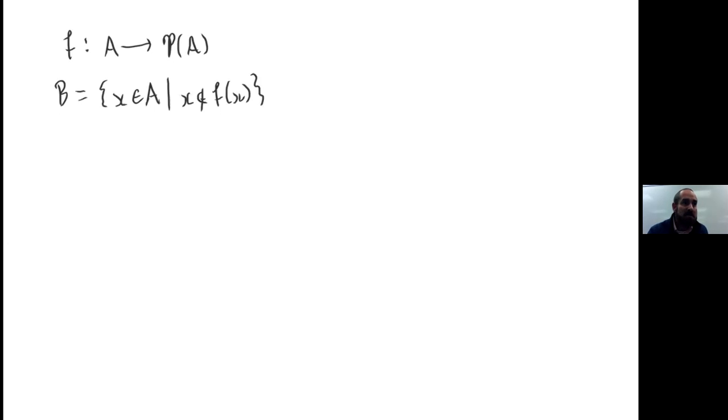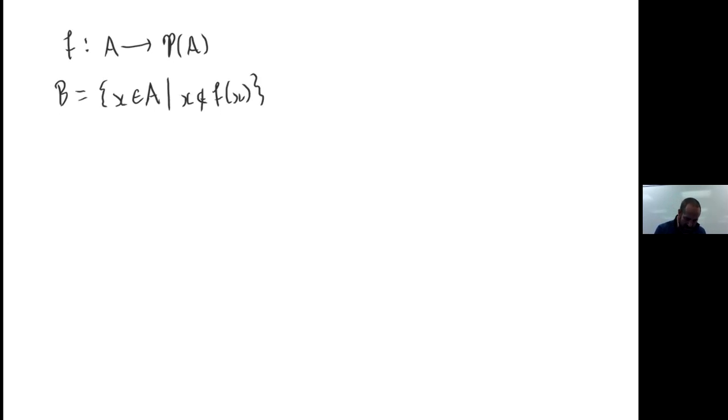F is going to be a function in general from A to the power set of A. I form this set B, which is the set of all inputs such that what? It's the set of all inputs such that X does not belong to its output. Make sense? We can easily define that thing.